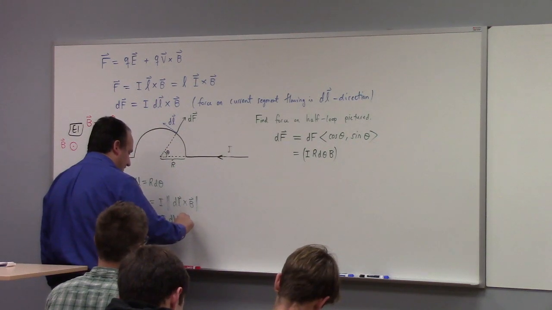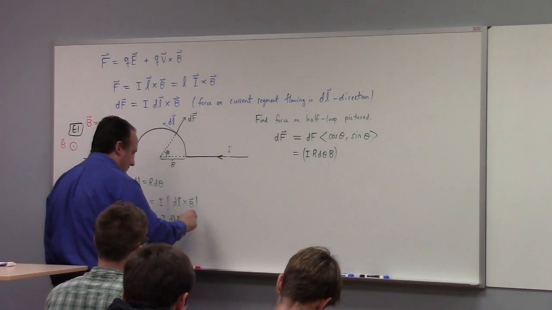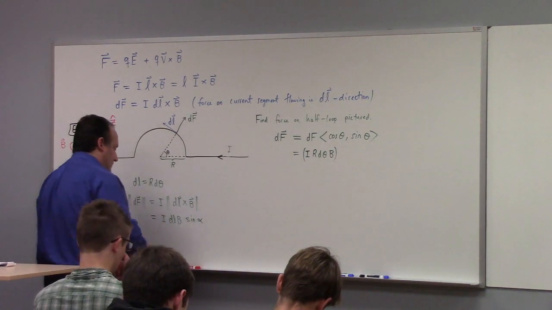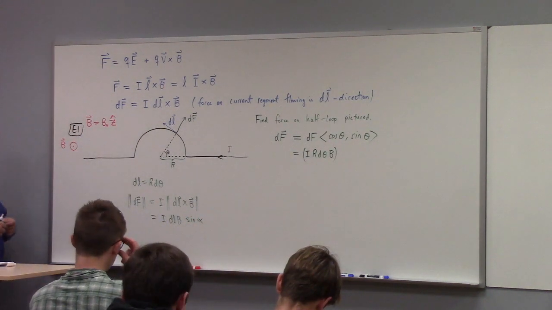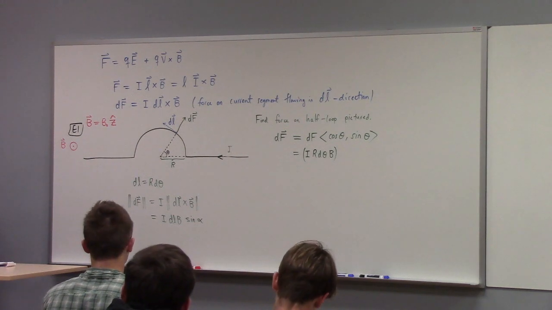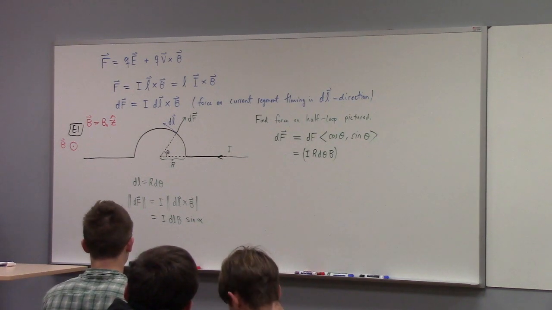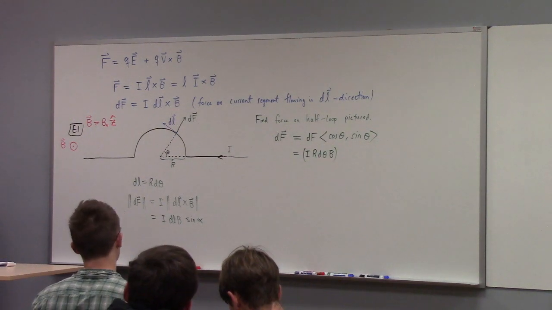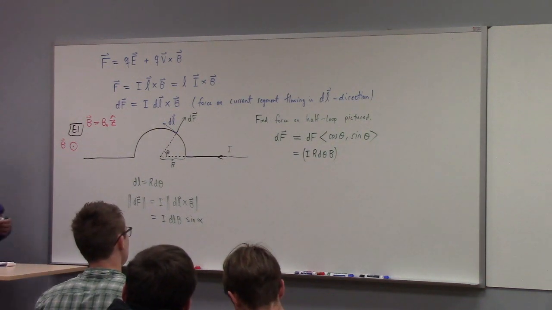But sine of the angle, now not theta here, so let's say sine of alpha, where alpha is the angle between the magnetic field and the dl. What's that angle? It's always 90, right?